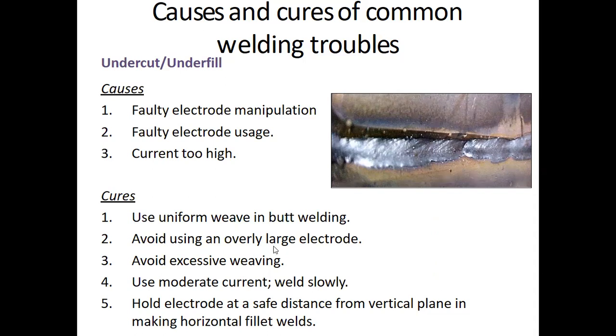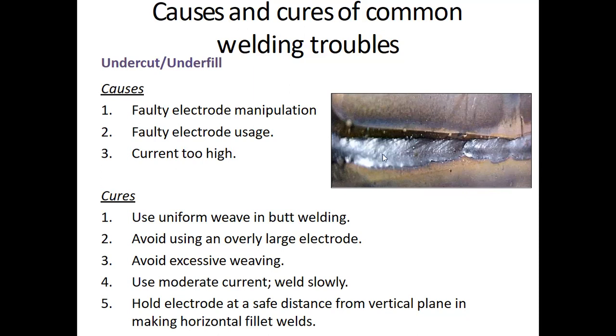Avoid using an overly large electrode, right? Even this is, as for the electrode, avoid excessive weaving. Even excessive weaving will cause this problem, because the heat is not able to focus on one spot, right?